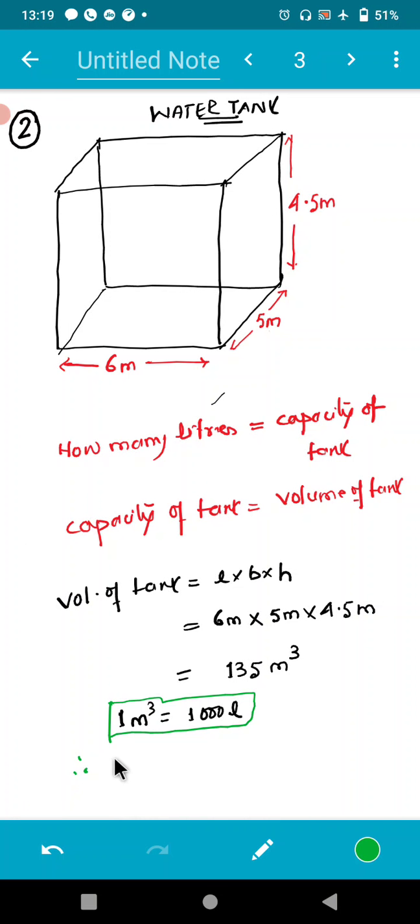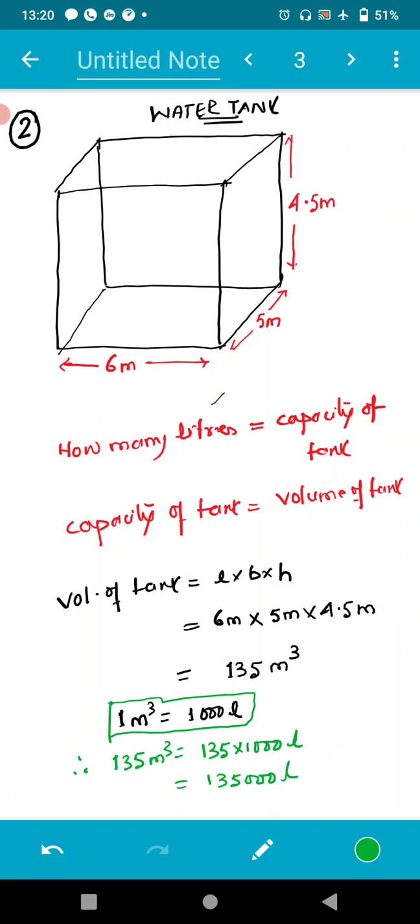So therefore 135 meter cube would be what? 135 into 1000 liters. So that would be 135,000 liters. So this tank can hold this much water, that is 135,000 liters of water. Okay, I hope all of you have understood question number 2 as well.